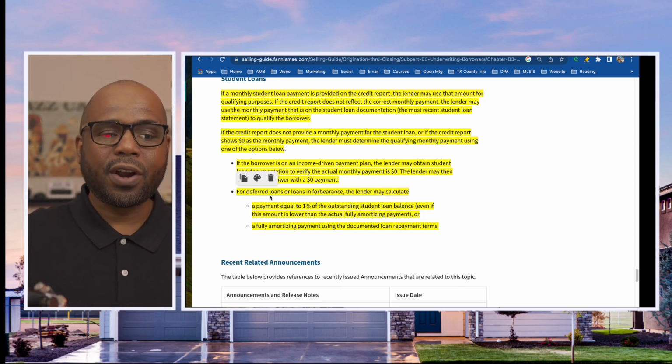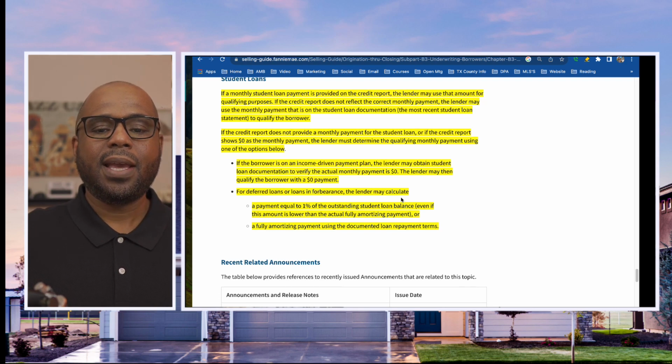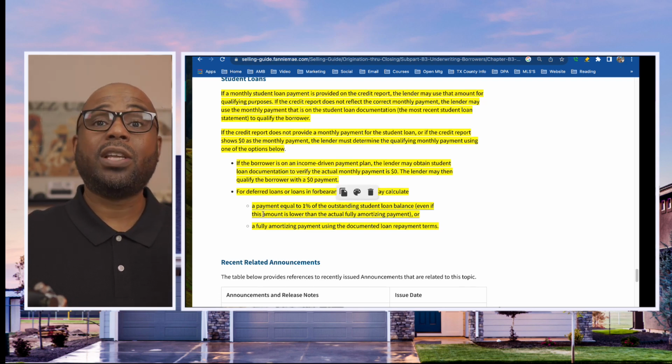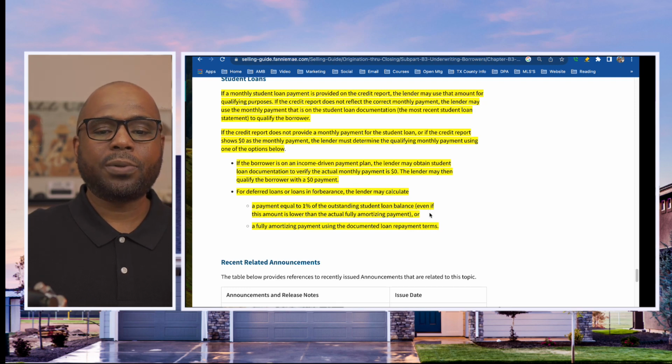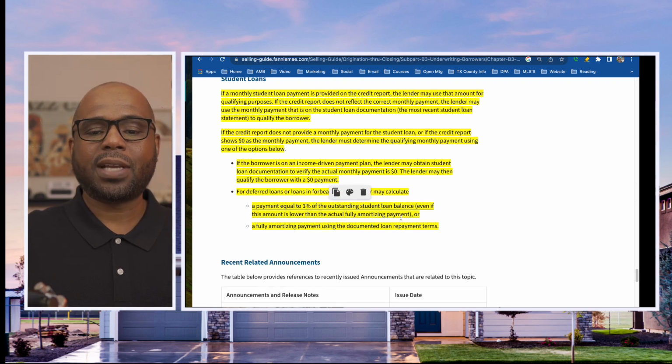Now, if not, here's the deal. If your loan is deferred or in forbearance, then we must take 1% of the outstanding balance. That's what FHA used to be, 1%. And for some of you guys, that 1% is huge. So you've got to take 1% of the outstanding balance. It says even if the amount is lower than the actual fully amortized payment.